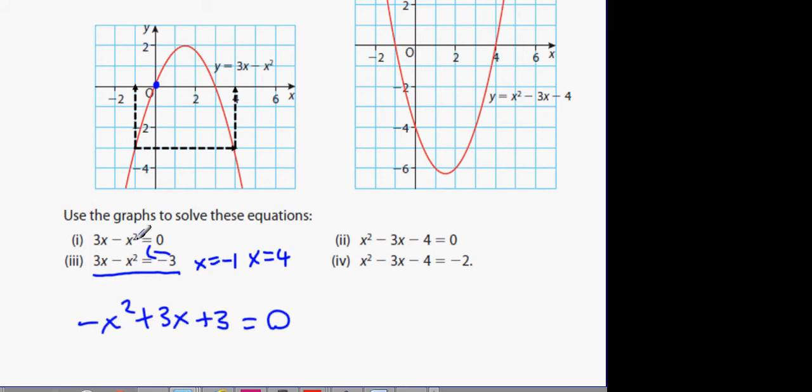Just give me a second with this. The answers are 1 and 4, aren't they? Minus 1 and 4.